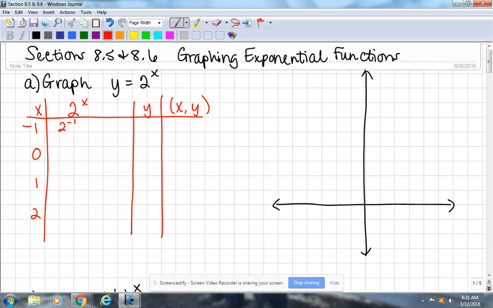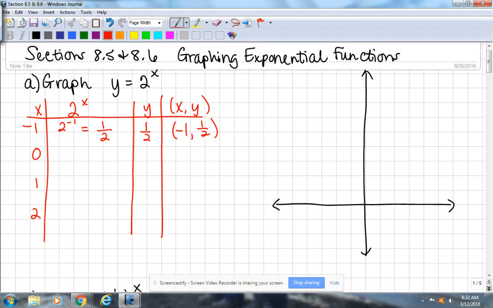Right, so in this case, we'll have to put it in a denominator, right? So when I put it in the denominator, that's going to make 1 over 2 to the first, which is a half, isn't it? Y'all with me? Negative exponents go to the denominator if it's on the numerator. So that y value is a half, so the ordered pair for this one is negative 1, 1 half.